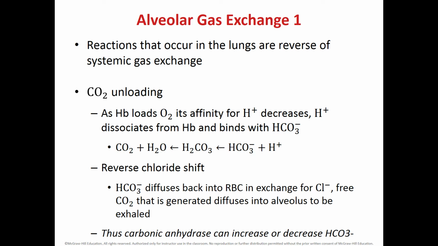And this dissociation of hydrogen ions from hemoglobin will help to form this bicarbonate, as you can see here. Then you will form the carbonic acid, and this carbonic acid is going to be dissociated into water and CO2. Then you will have a reverse chloride shift, in which the HCO3 will come into the red blood cells, and you get rid of chloride ions. Afterwards, you can exhale the CO2.